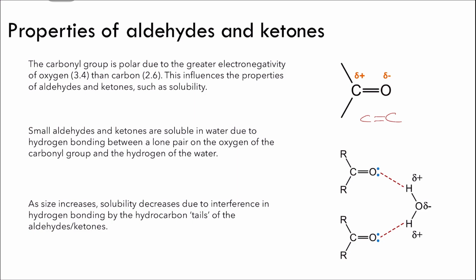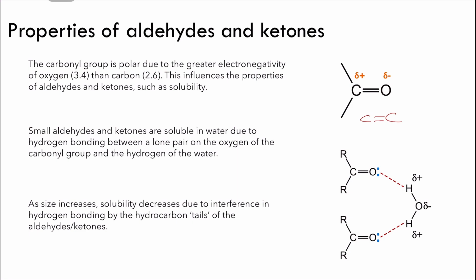So the small aldehydes can easily make hydrogen bonds with water. So small size aldehydes and ketones can mix or dissolve in water because they can form hydrogen bonding with water. And also, because of the presence of the high dipole moment, there is a permanent dipole moment. That means that there will always be a dipole-dipole interaction between the aldehyde molecules or ketone molecules.